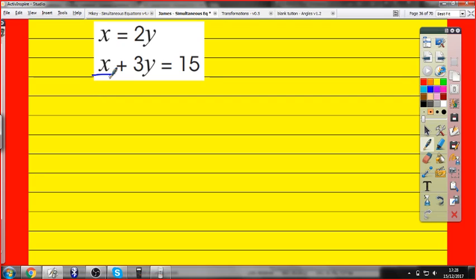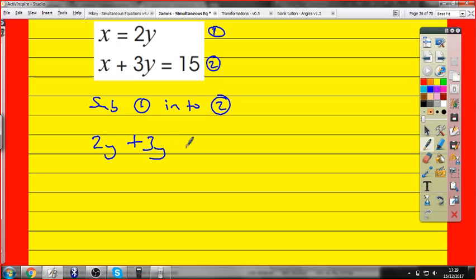So what would you write instead of x? What does the question tell you x is? Oh, 2y. Yeah, and so I'll sub equation 1 into equation 2. So instead of writing x plus 3y, I'll write 2y plus 3y, because x is 2y. Okay, solve that.